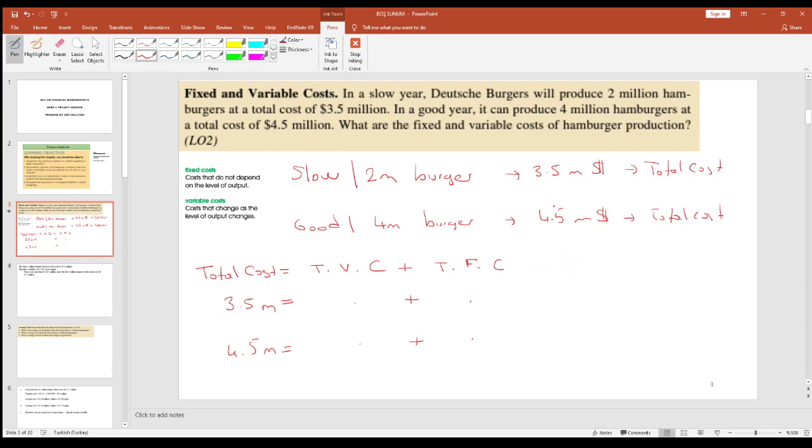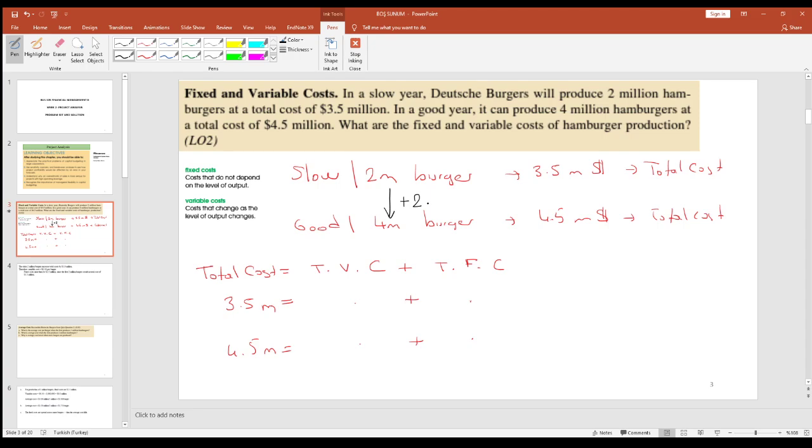So let's try to solve this problem. In case of 2 million burger production, we need $3.5 million total cost. In case of 4 million, we need $4.5 million. So what is the differential here?